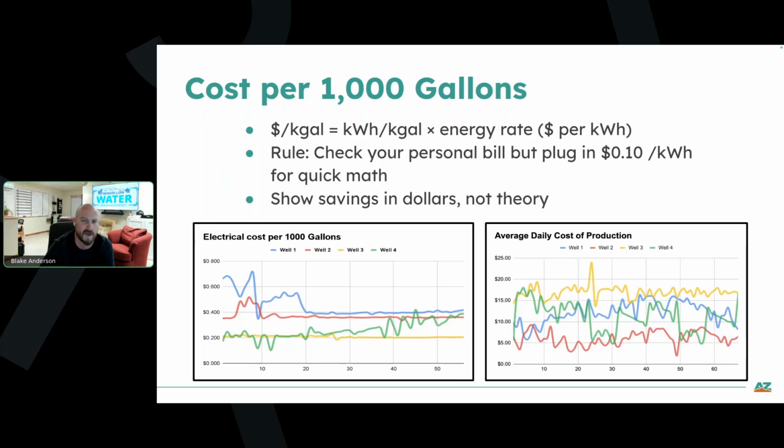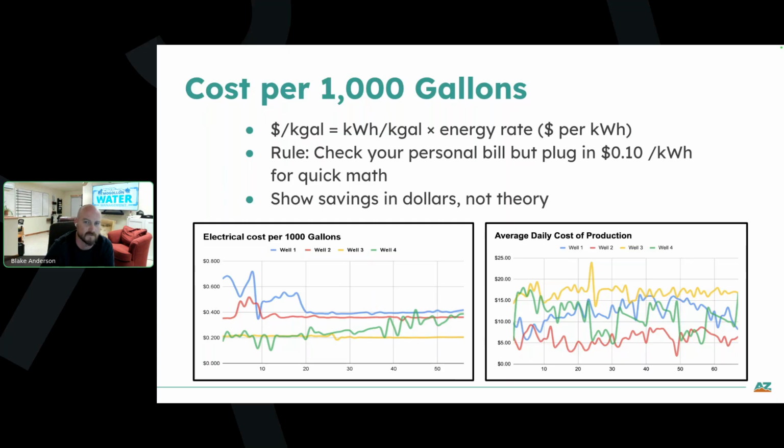And so for some quick math, if you pay for your power about 10 cents per kilowatt hour, that comes out to 2.5 kilowatts costing you 25 cents. If you have 2.5 kilowatts per 1,000 gallons, that means that your total cost is 25 cents per 1,000 gallons produced.